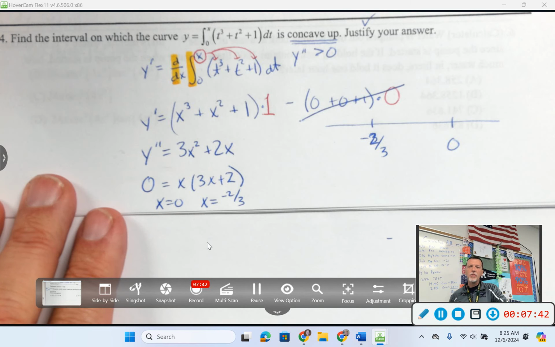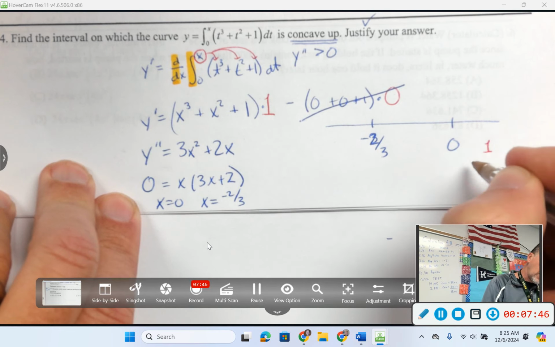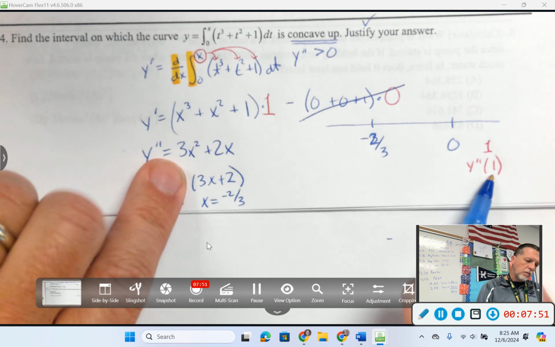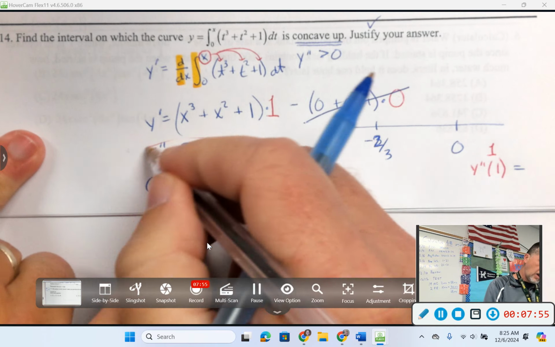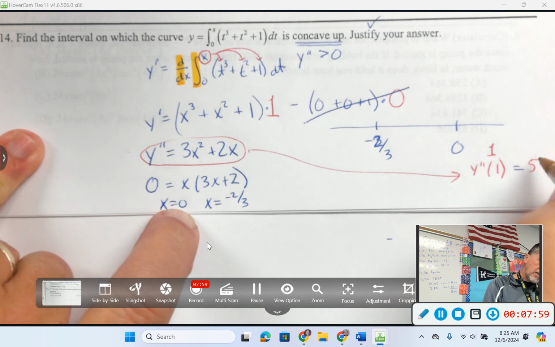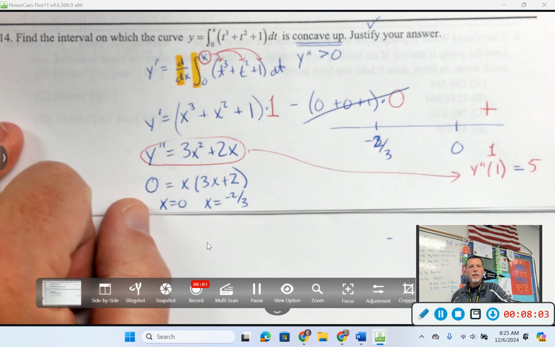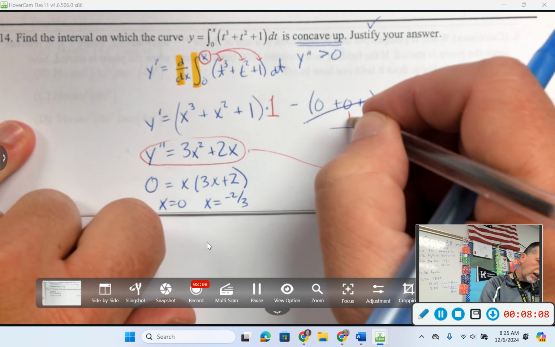I like checking 0, but I can't use 0. Let's check 1. So the second derivative at 1 is 3 plus 2 is 5, so that's positive. And then I can do the alternating thing. You can check more if you want, but plus, minus, plus.